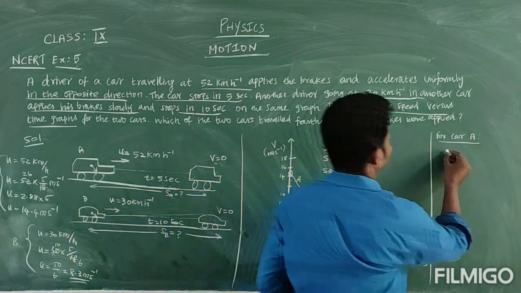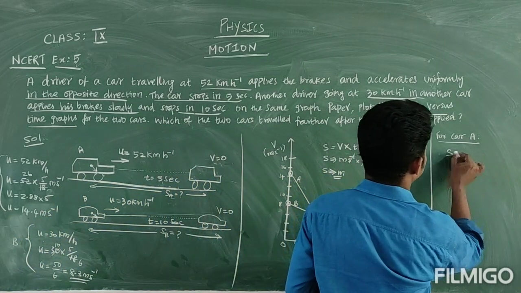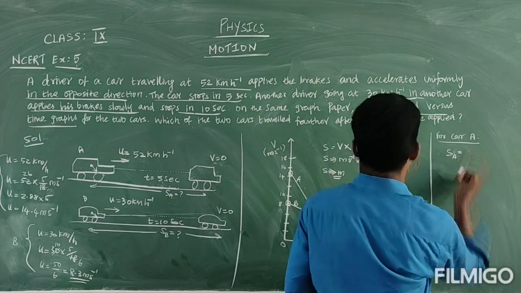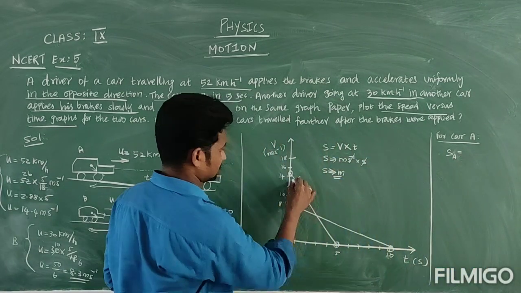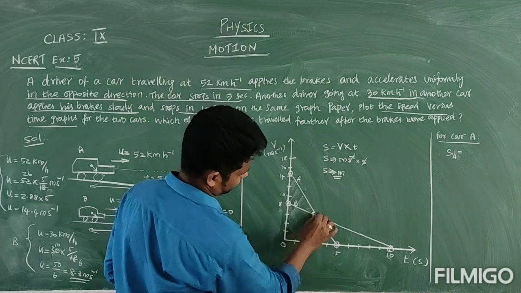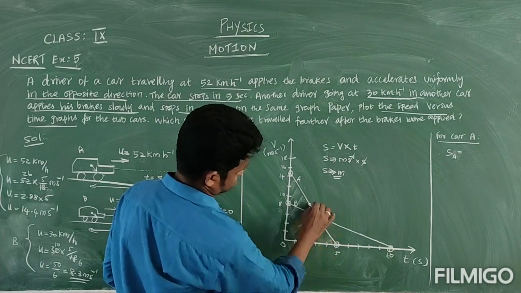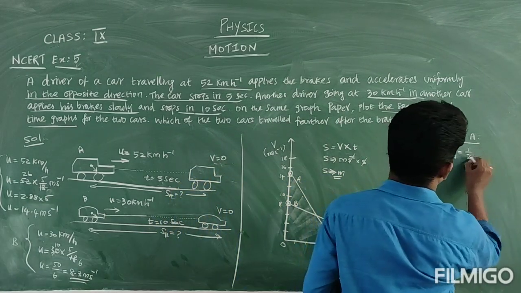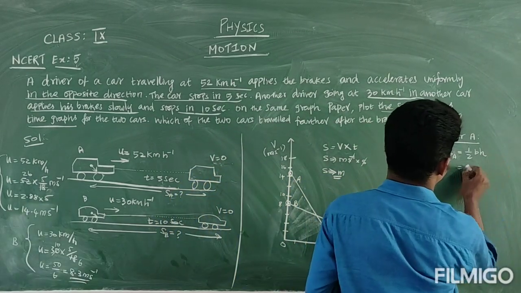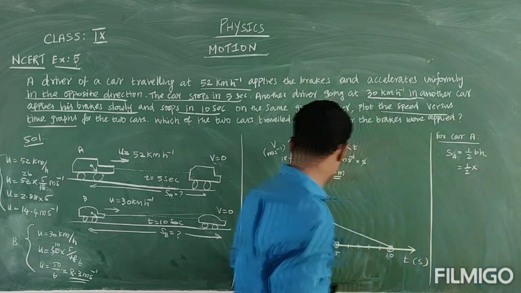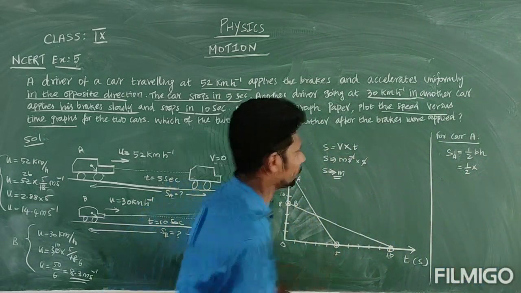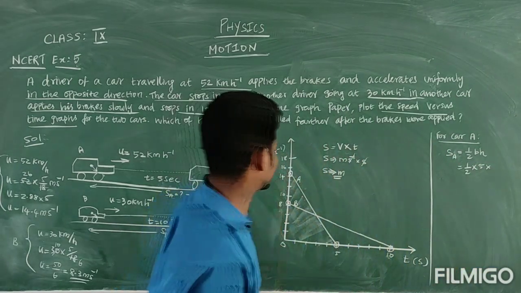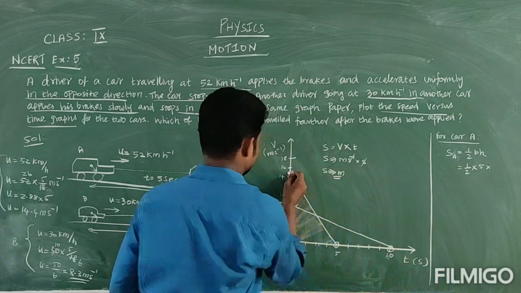The area result is the distance travelled by car A. This is the structure: area of the curve. It's a triangle, so the area of the triangle is half BH. So half into the base value, which is 5, and the height value, which is 14.4.